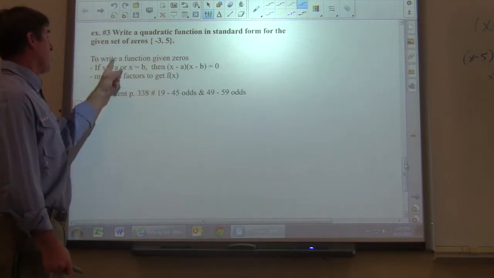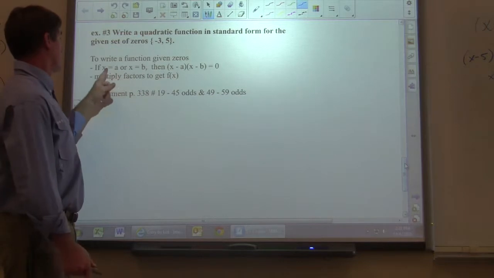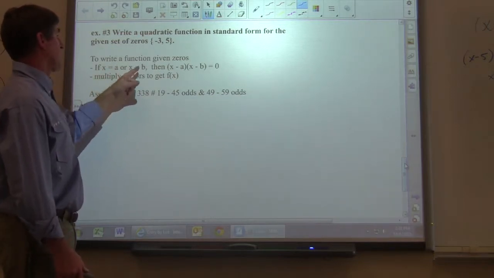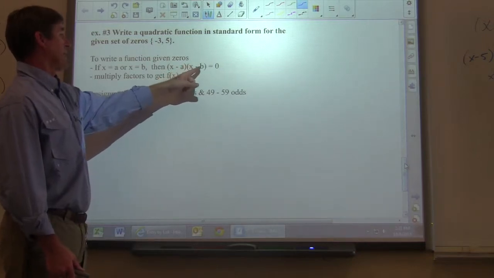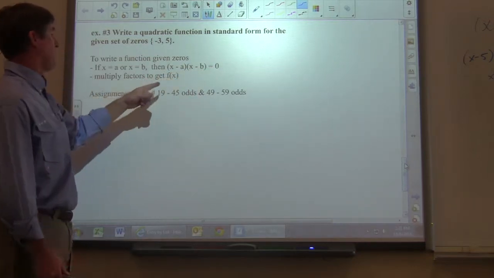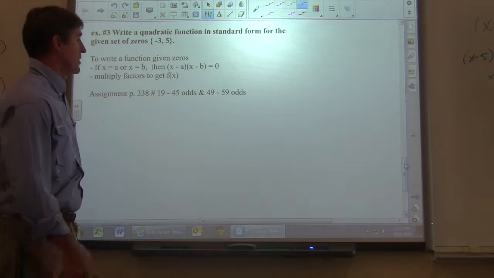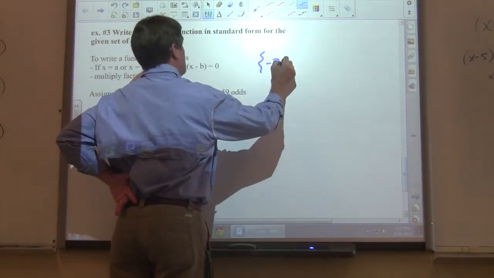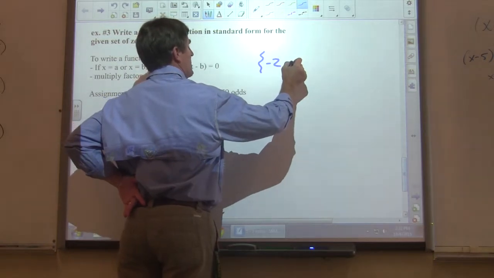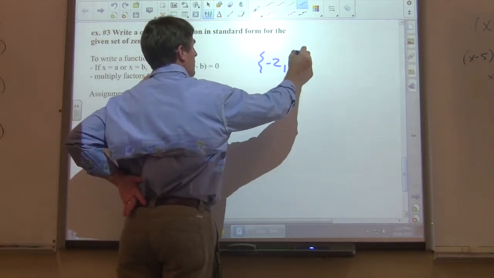So to write a function given the zeros, if they tell you x equals a or x equals b, then x minus a times x minus b equals 0, and then you multiply the factors to get your new function. So if negative 2, let's go 4.